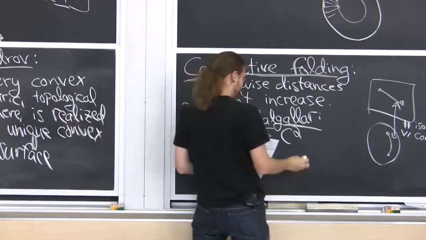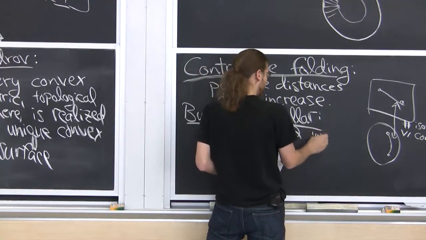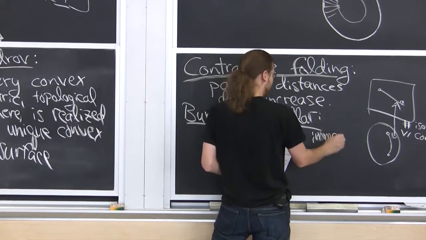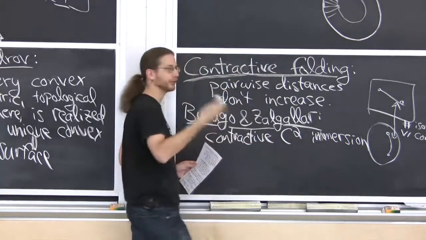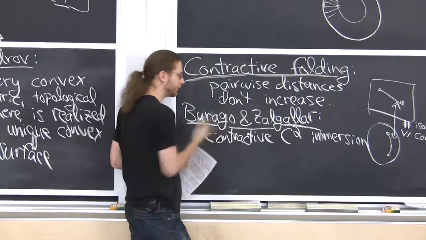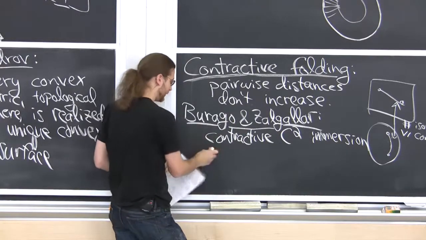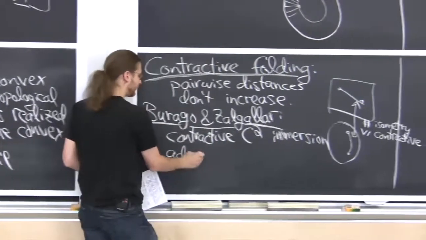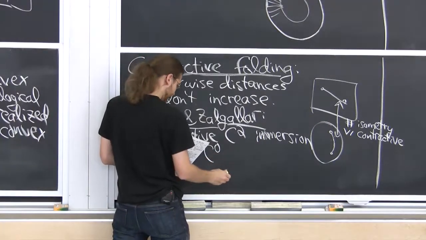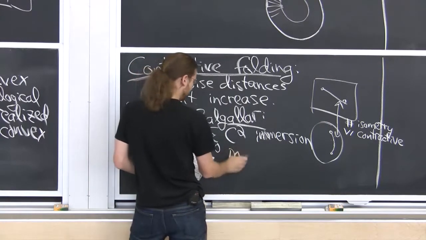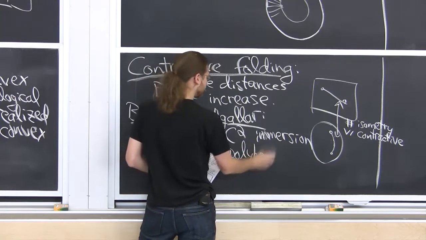You take a contractive C2 immersion. It's just some fancy word for folding. It has some extra constraints, but let's not worry about it. So C2 means continuous up to the second derivative. So nice and smooth. Spheres are valid, for example. Then any one of those things has a C0, I'll just call it polyhedral approximation.